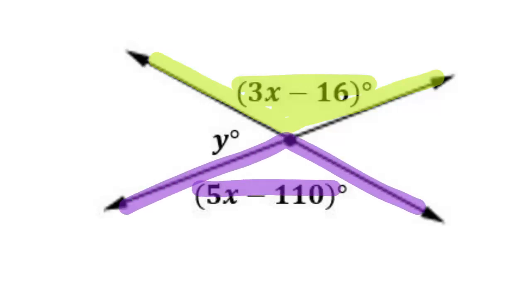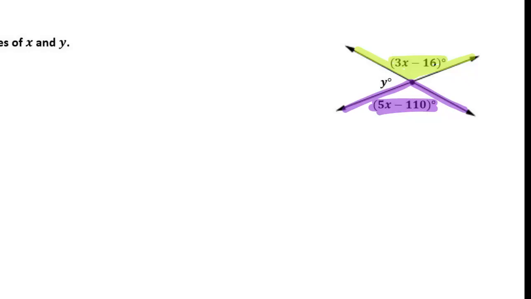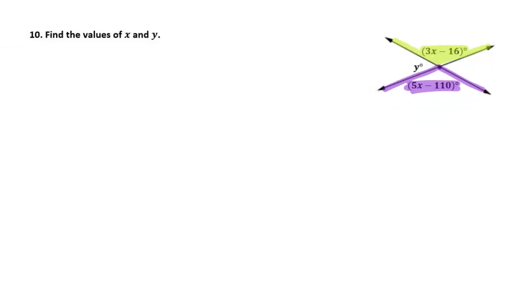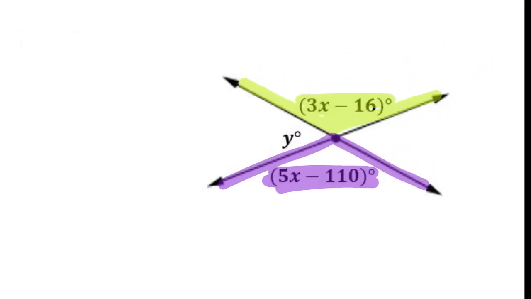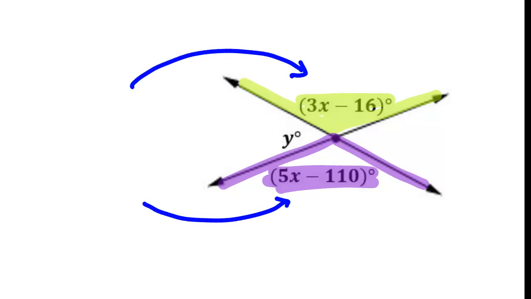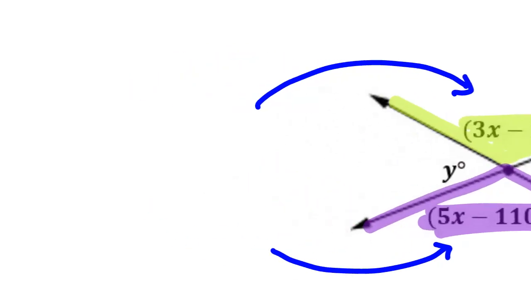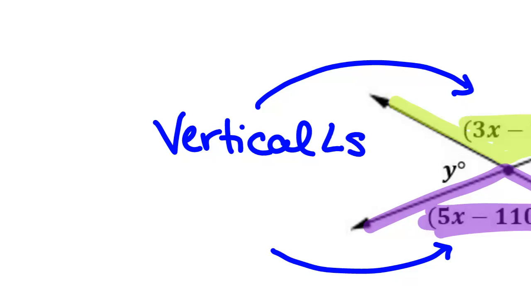And this angle right here. And what can we do with vertical angles? We just wrote this down on the previous page. What's the relationship between my vertical angles? They're congruent. My vertical angles are congruent.